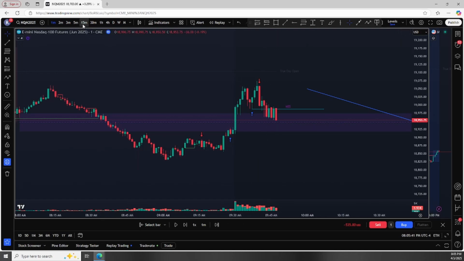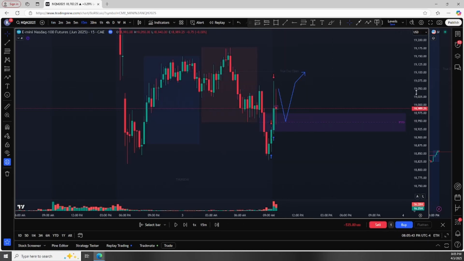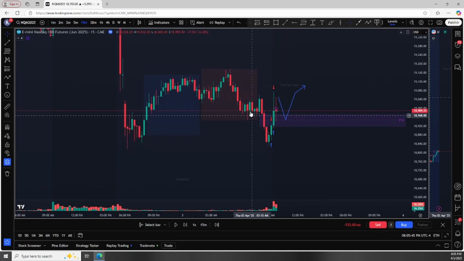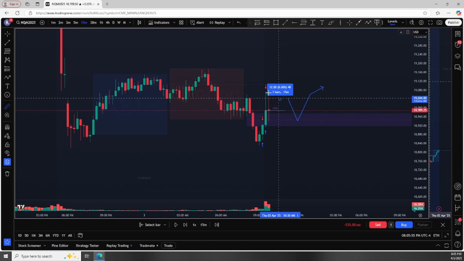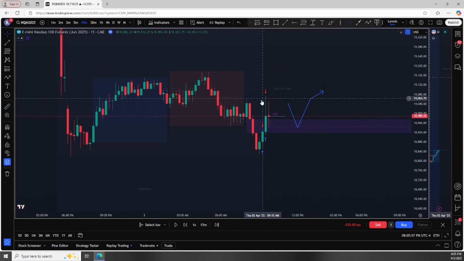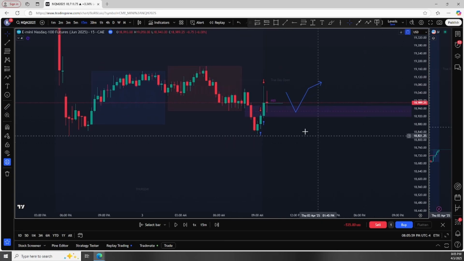So it's kind of conflicting, right? This 15-minute did come up and tag into this bearish gap right there, and did respect it. So it's kind of conflicting on the 15.